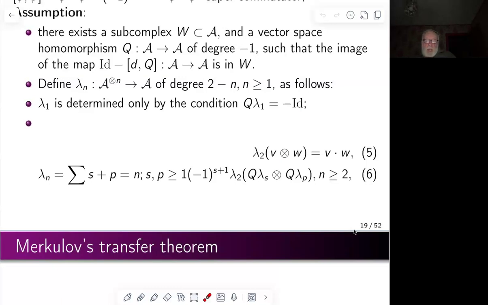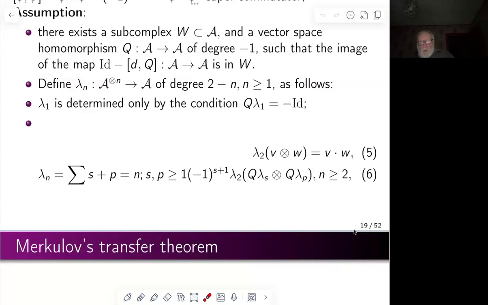And lambda n, sorry, it's a sub here. It's my fault, I'm sorry. And this is a condition that lambda n equals lambda 2 applied to Q of lambda s and Q of lambda p, for n bigger or equal to 2.